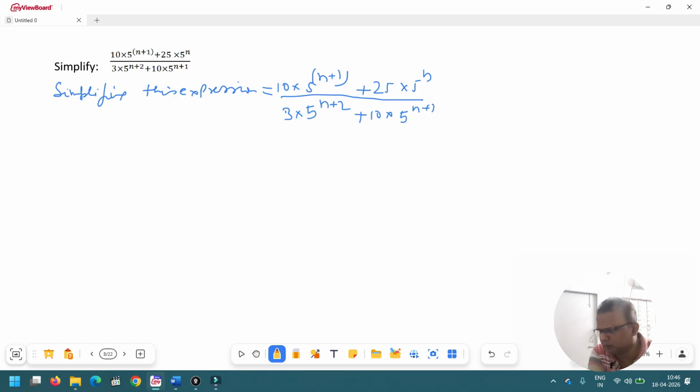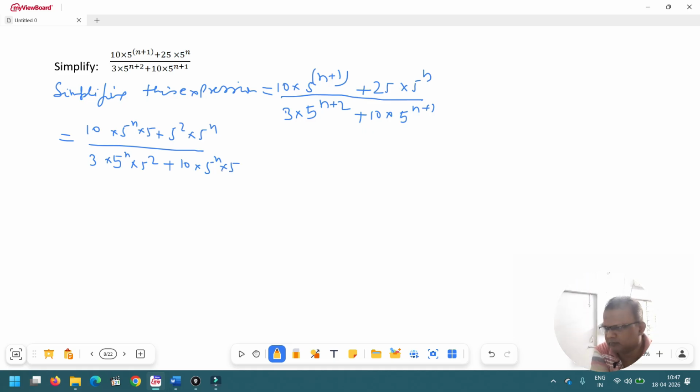That is equal to 10 into 5 power n into 5 plus 5 to the power 2 into 5 to the power n, but 10 into 5 to the power n into 5 square, thus into 5 power n into 5.